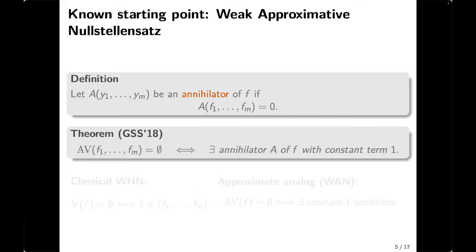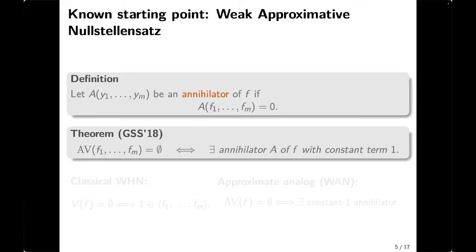The main result that Guo, Saxena and Sinhababu showed was that this approximative variety is empty if there exists even one annihilator of the system of polynomials which has a non-zero constant.